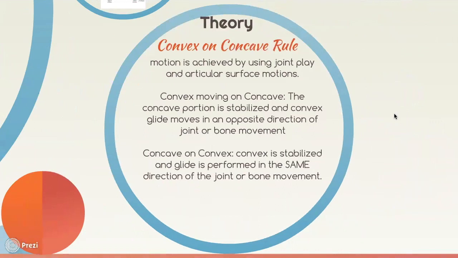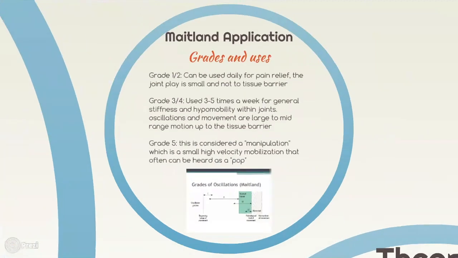And then concave on convex, concave is stabilized, and the glide is performed in the same direction of the joint or the bone movement. So we're using joint play and articular surface motions to target treatment at improving the particular motion.